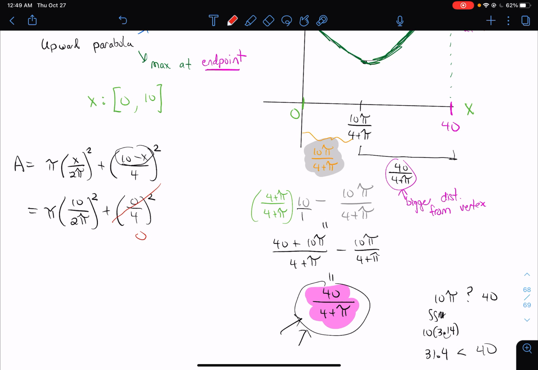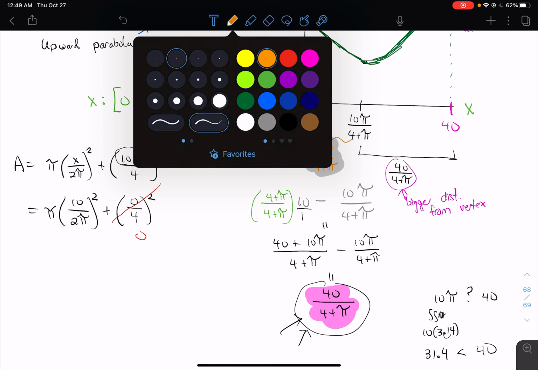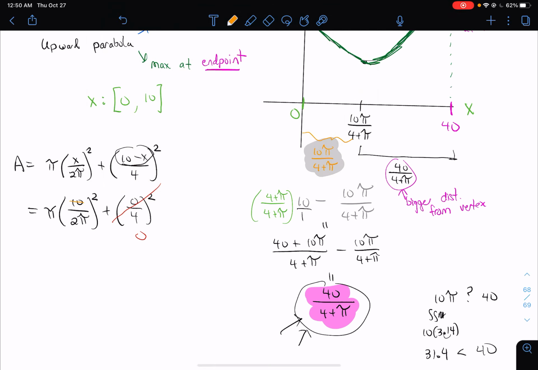Okay, that's nice. And in my first fraction, I can divide the 10 and the 2 by 2. That'll leave me with the 1 here and a 5 up there. And now let's simplify. I've got area equals pi times, and now I square this fraction. If I square the 5, I get 25. On the bottom, I'm just left with pi. If I square that, I'll get pi squared.